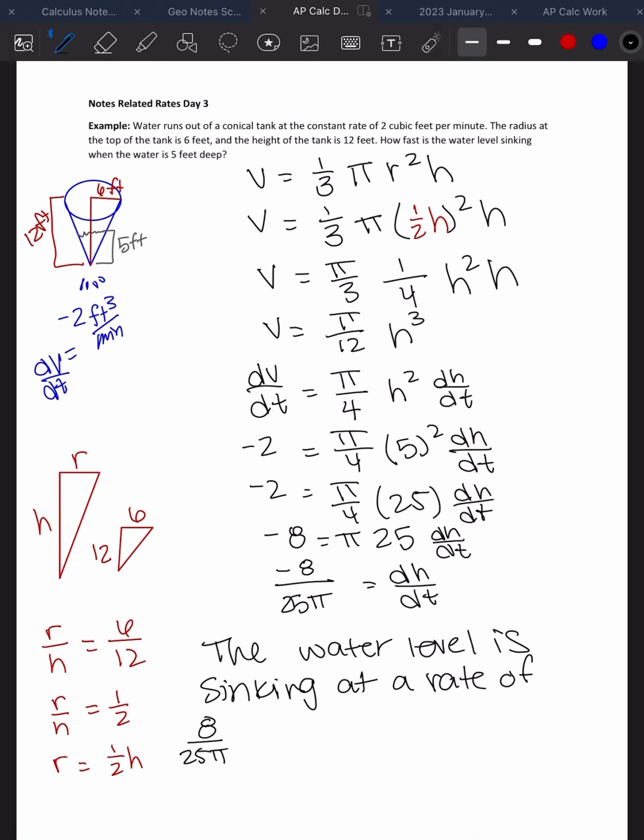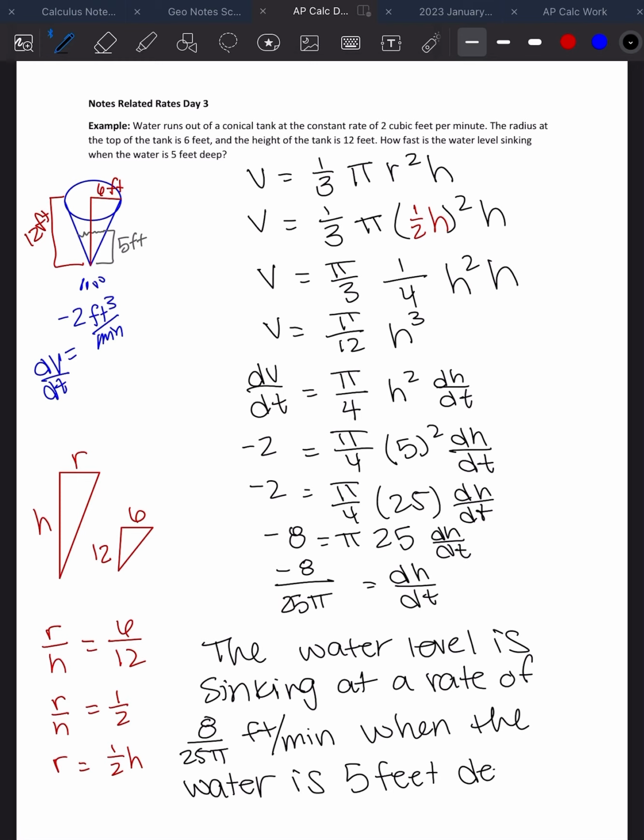Our height is in feet, and our volume was feet cubed per minute, so it's going to be feet per minute when the water is 5 feet deep.